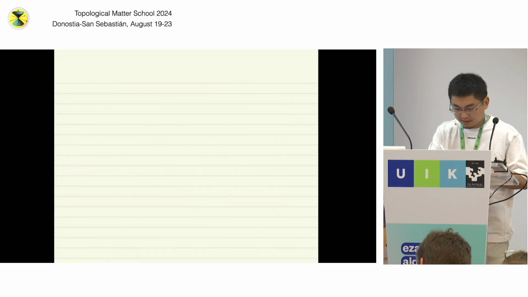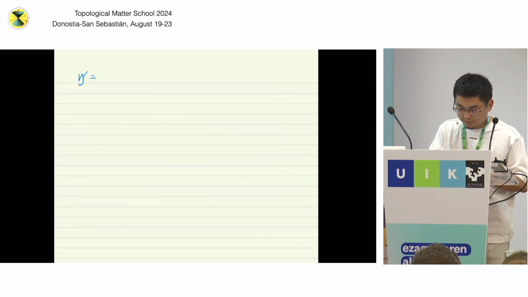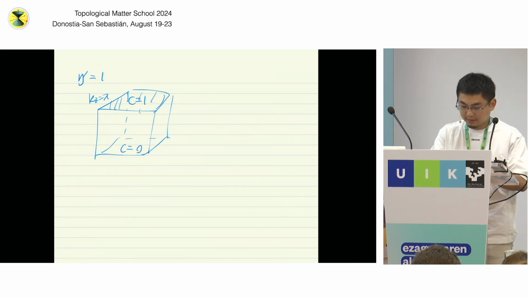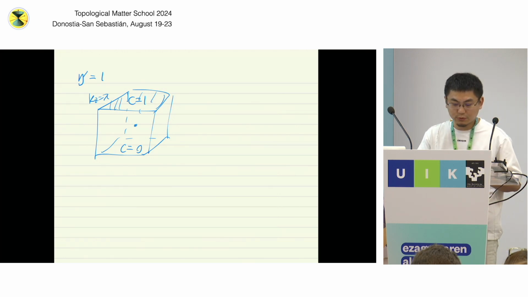So basically, when eta prime equals 1, we have something like this. This plane, the kz equal to pi plane, has a Chern number 1 maybe. And the other plane has a Chern number equal to 0. And in the middle, between them, there must be a phase transition point.